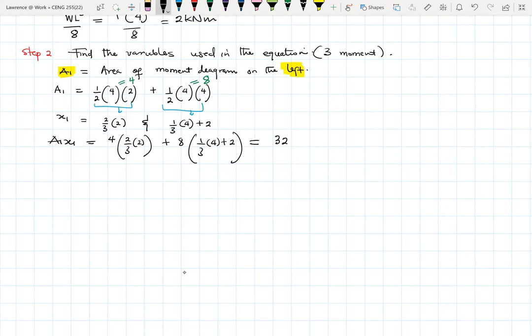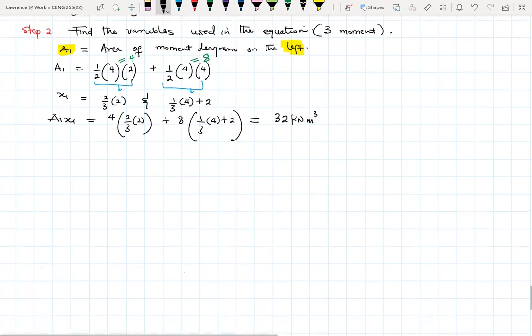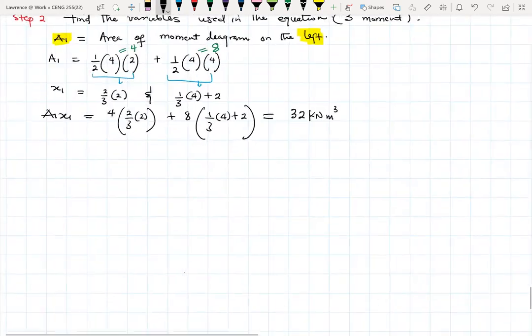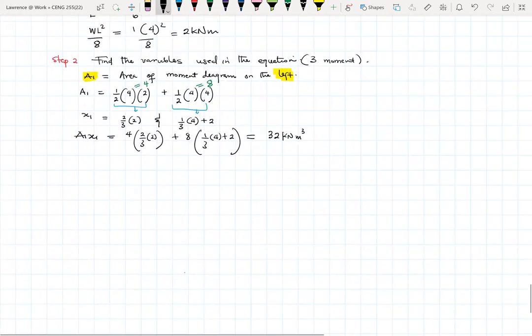The unit is 32 kilonewton meter cubed, if you want a unit. So now that becomes our A1 x1.